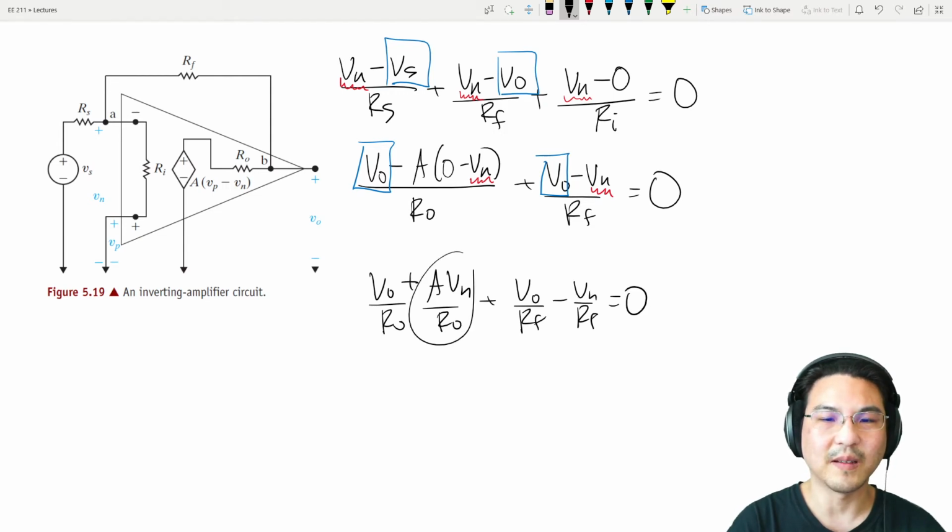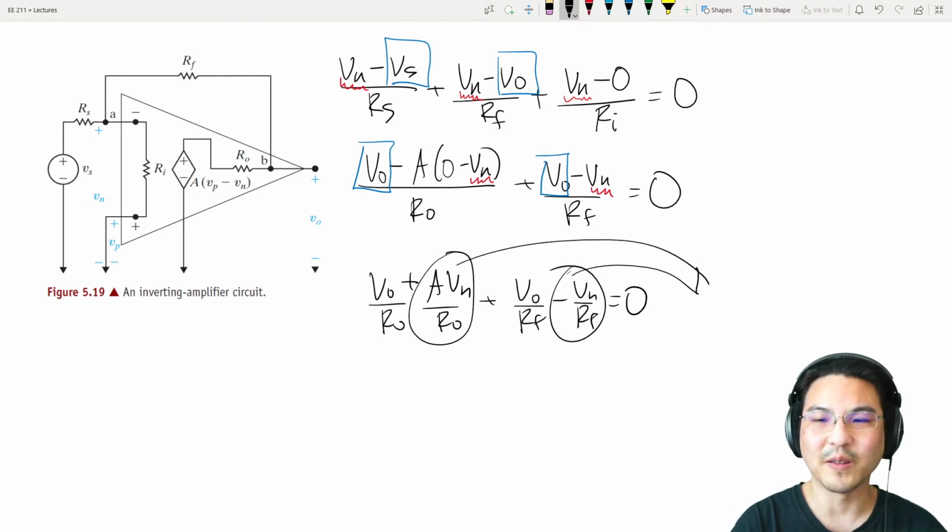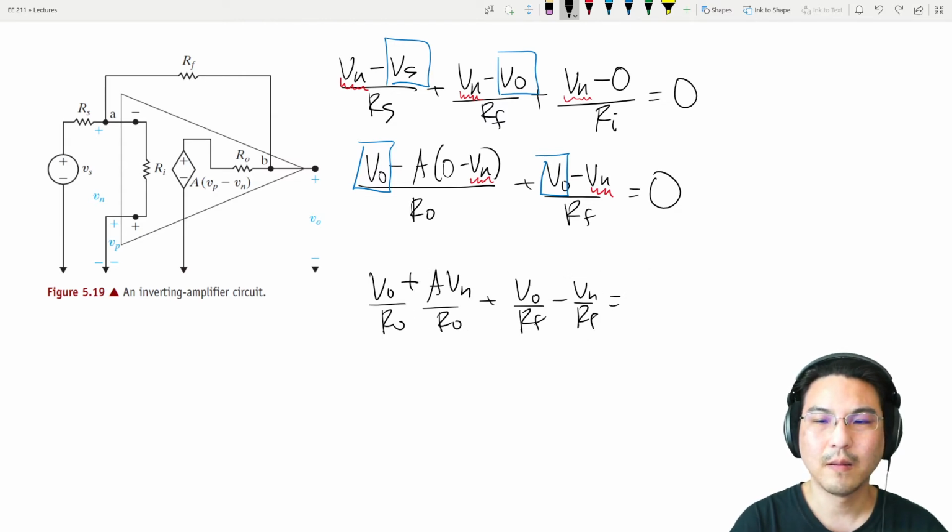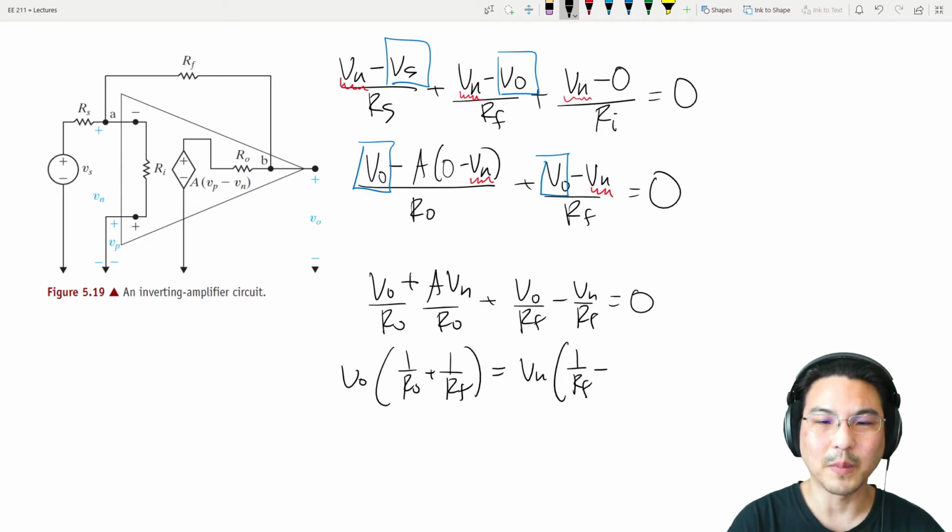Okay, so just take these two, move it on the other side of the equation. Okay, so Vo times 1 over Ro plus 1 over Rf equals, and then on the other side of the equation, 1 over Rf minus A over Ro.